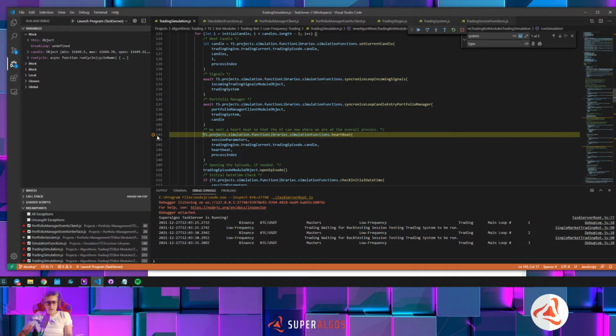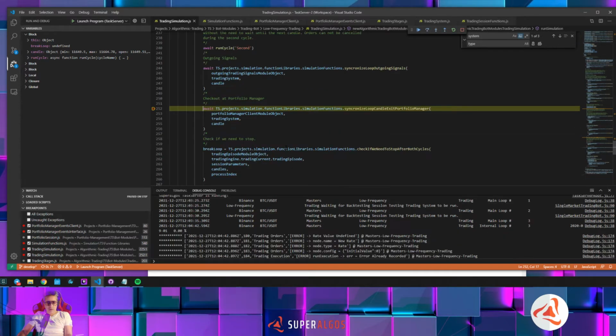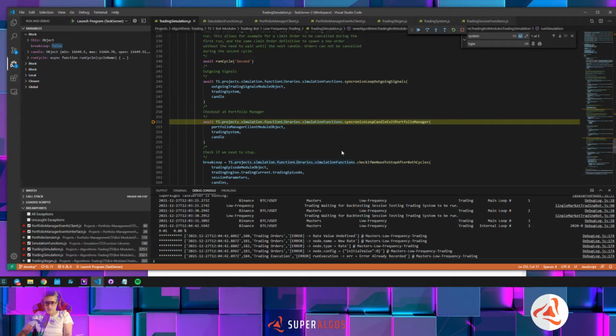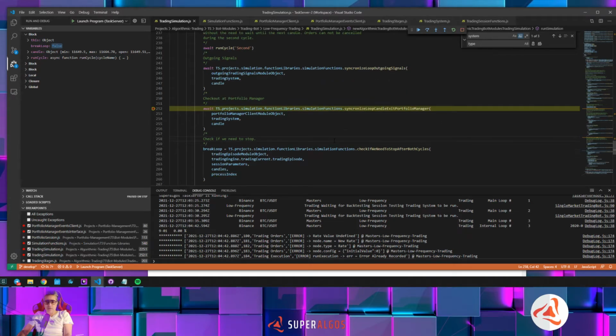So now it continues. Okay, so this is going to run now. The exit portfolio, the exit candle, the candle exit. So run.